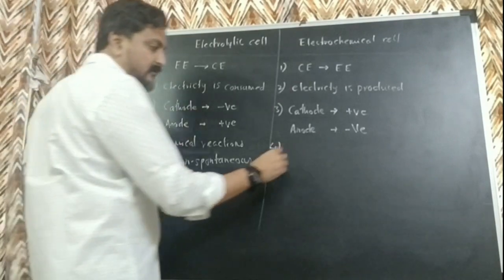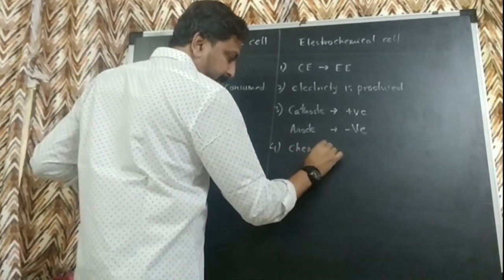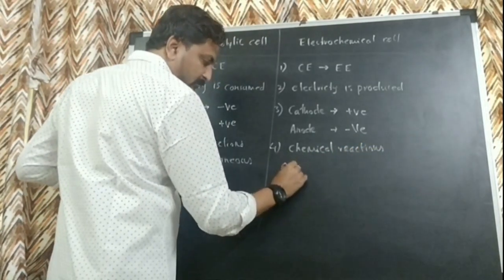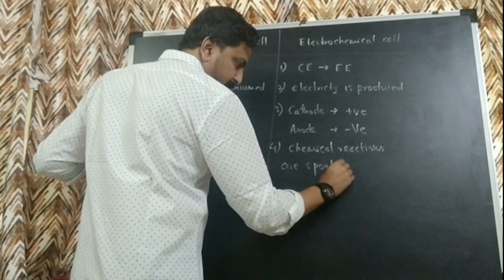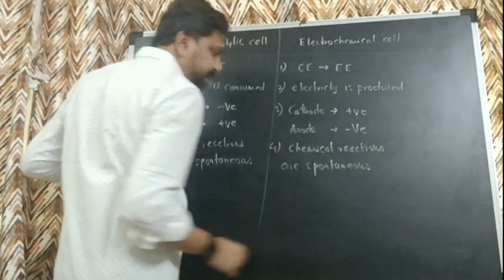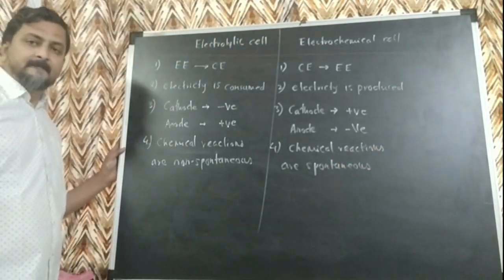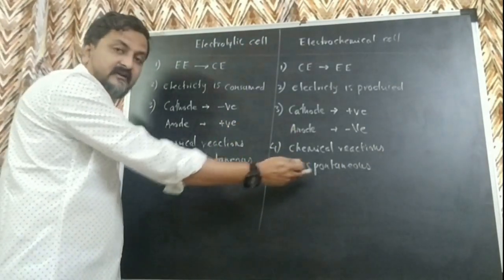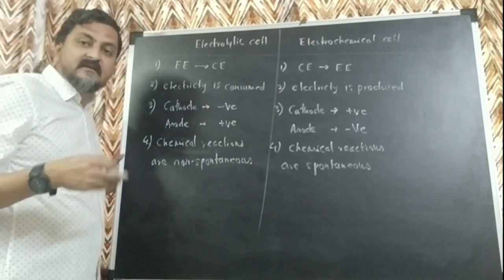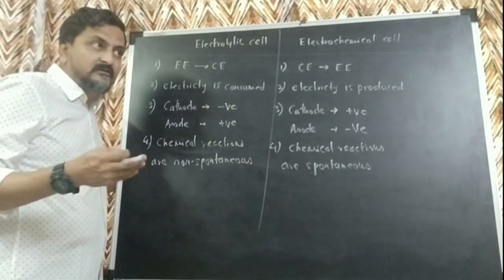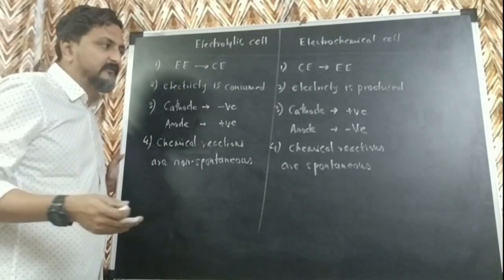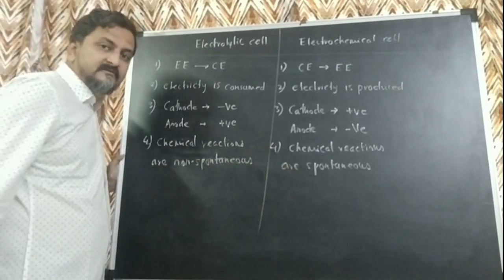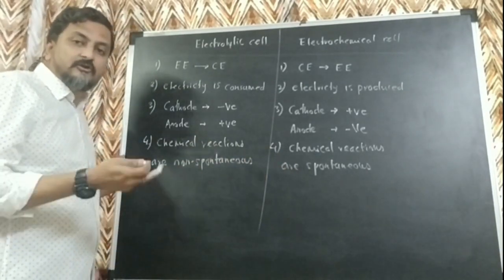Whereas here the chemical reactions are spontaneous. This is the fourth point. As I just now said, this is exactly opposite. As you all can see, spontaneous reactions are the reactions which take place on their own without the intervention of any external agency, like without the help of man. The reactions which take place are called spontaneous, and here the chemical reactions are non-spontaneous.